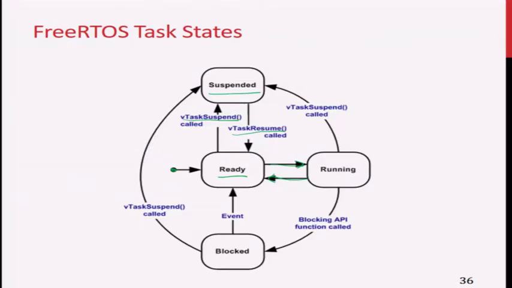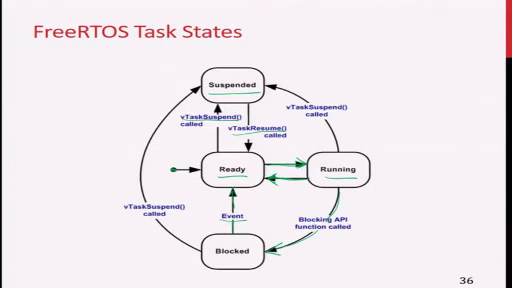If I'm running and suddenly I realize that I don't have any resources that I need, I may go to a blocked state. And from a blocked state, again, I may go back to a ready state if the appropriate resource becomes available. Again, you will see that from ready to running and from running to ready, there is no call.